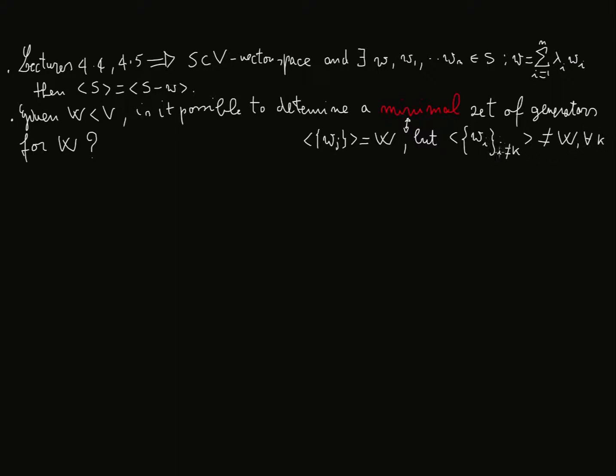Okay, so if I just remove one of the vectors from this set, the remaining ones will not be able to generate the whole W anymore. Okay, this means minimal.